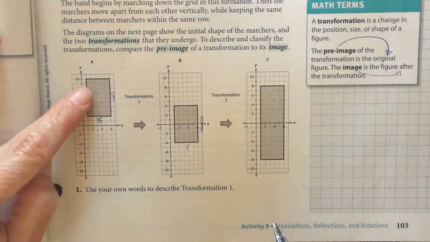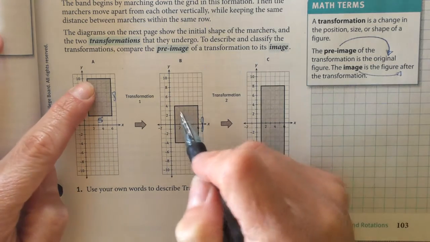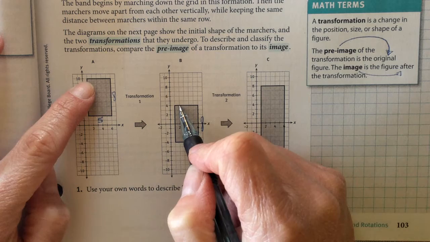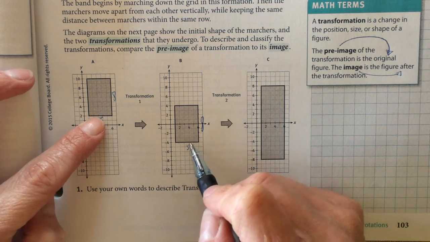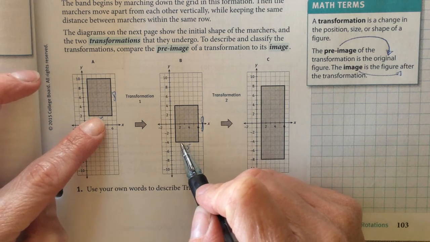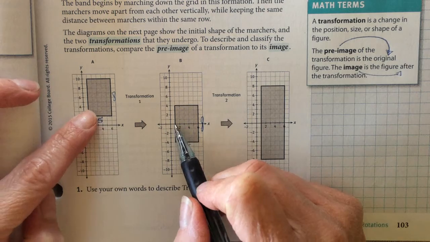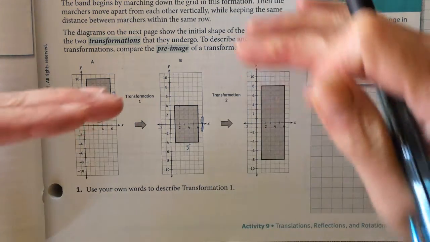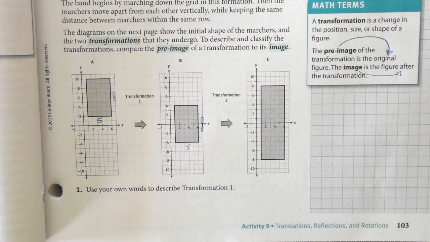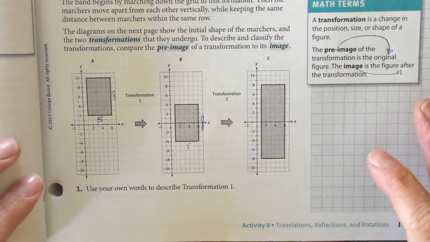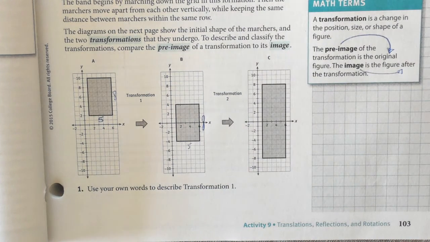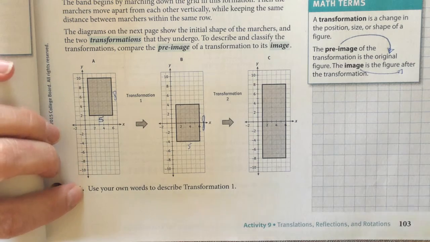Well, it had been sitting up here with a top of positive 10, and now the top is at positive 4. The bottom had been at 2, and now the bottom is at negative 4. Doesn't look like it moved right or left. It looks like it slid down. Interesting. So we're going to use words and, in just a little bit, symbols to describe this very first transformation.